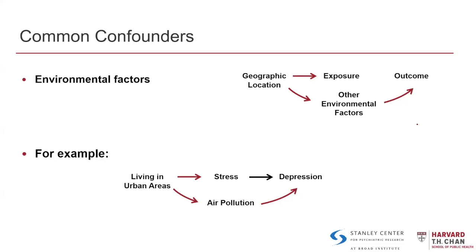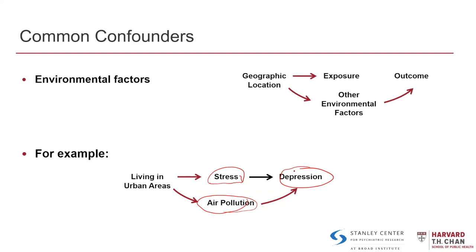For that matter, we can look at other outcomes. For example, this could be preeclampsia, where air pollution has been associated with an increased risk of preeclampsia, and stress is a risk factor for preeclampsia. The fact that living in an urban area also increases the likelihood of higher air pollution means the relationship that you see between stress and preeclampsia could be affected by living condition.